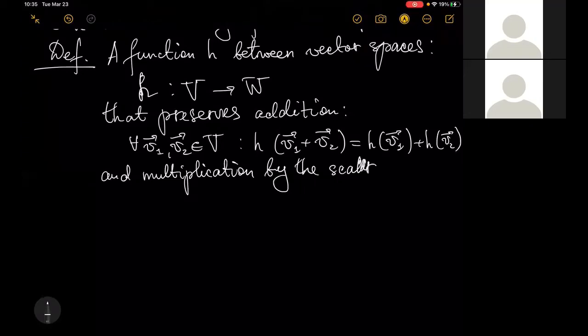Why I prefer to say multiplication by the scalar, because in many books dot product is called scalar multiplication, so it's a little bit different story. So for any v belonging to V and any r, which is a real number, the following is true.